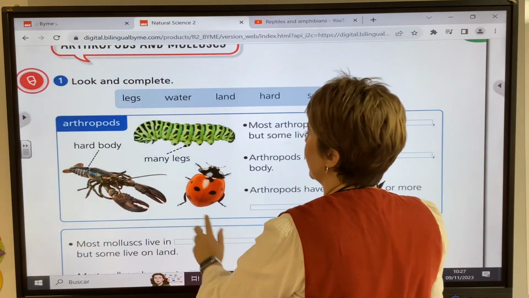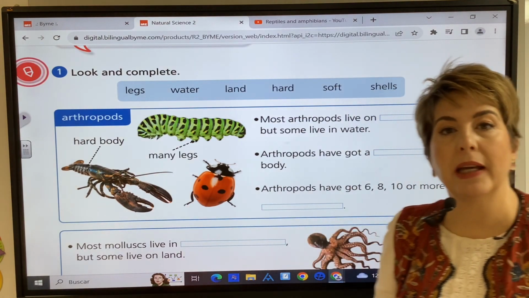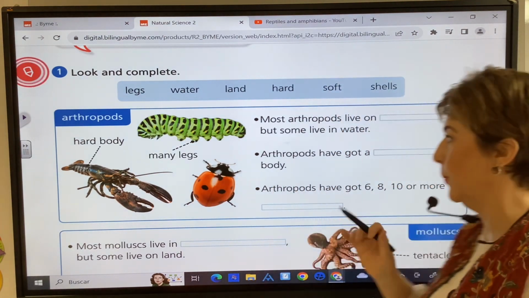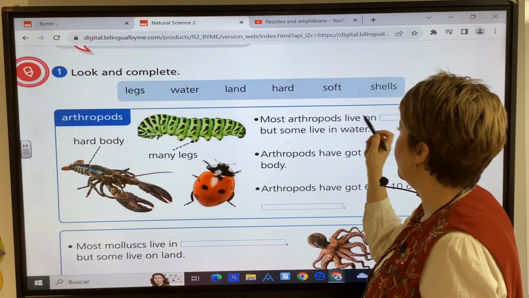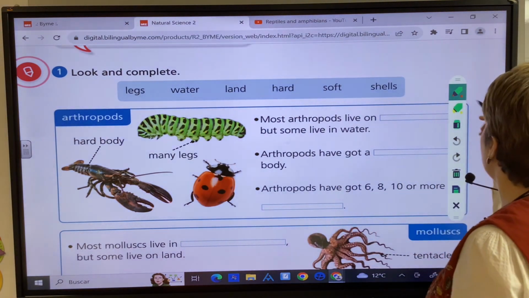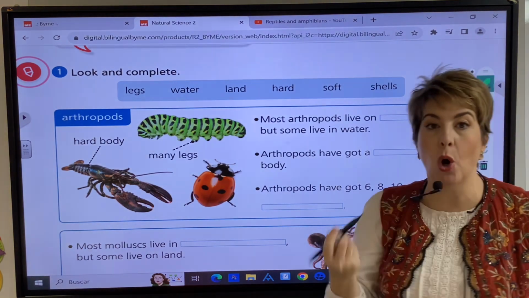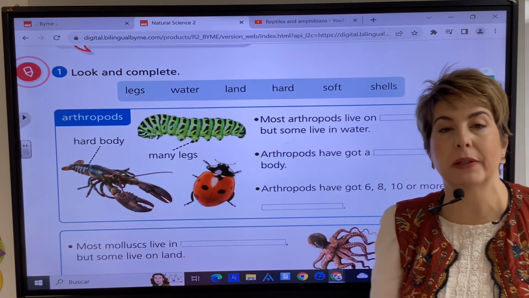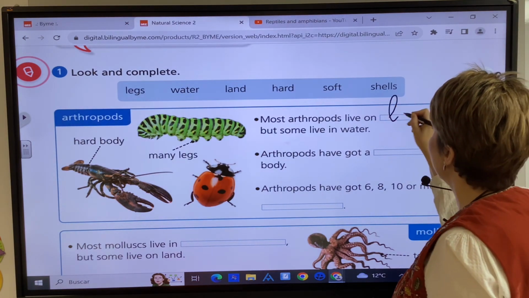We are going to see the characteristics which are here in this activity. Which are the characteristics of arthropods? Let's see. Most arthropods live on land. Remember that if you have on, you cannot say on water because it's not on water, it's in water. So most arthropods live on land.